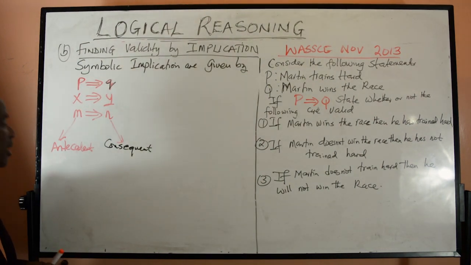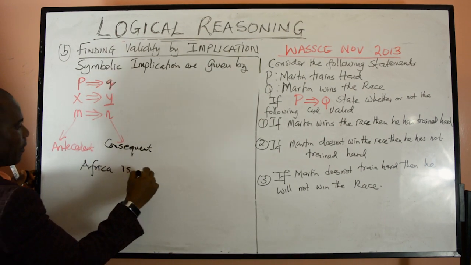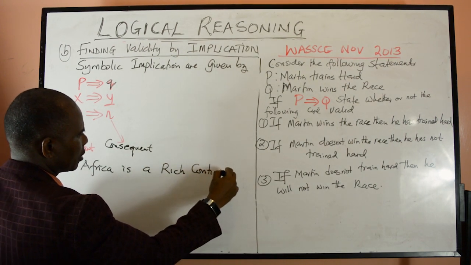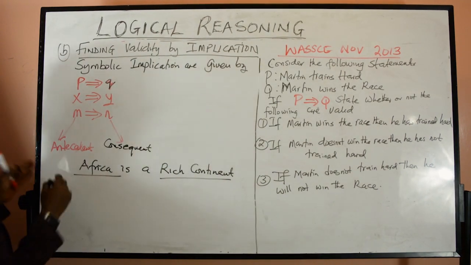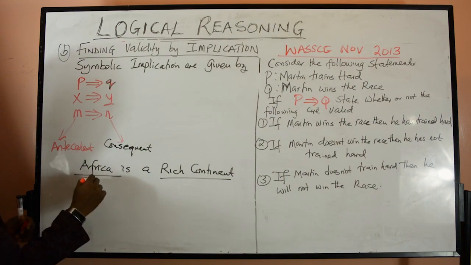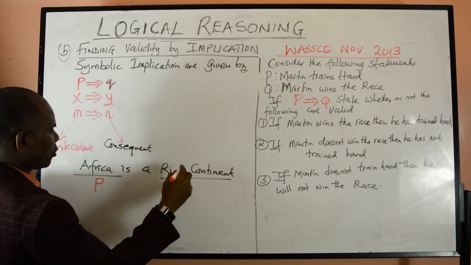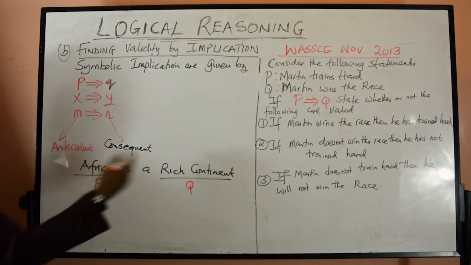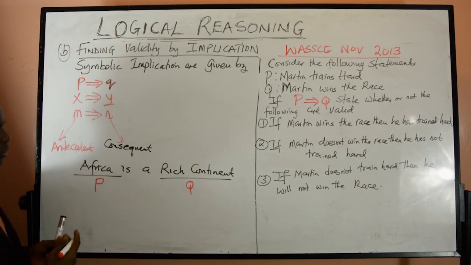Let's say, for instance, I say Africa is a rich continent. Let me represent the first as P, that is the antecedent, and the consequent as Q. Now I can give an alternative form of the sentence without starting with Africa at all.